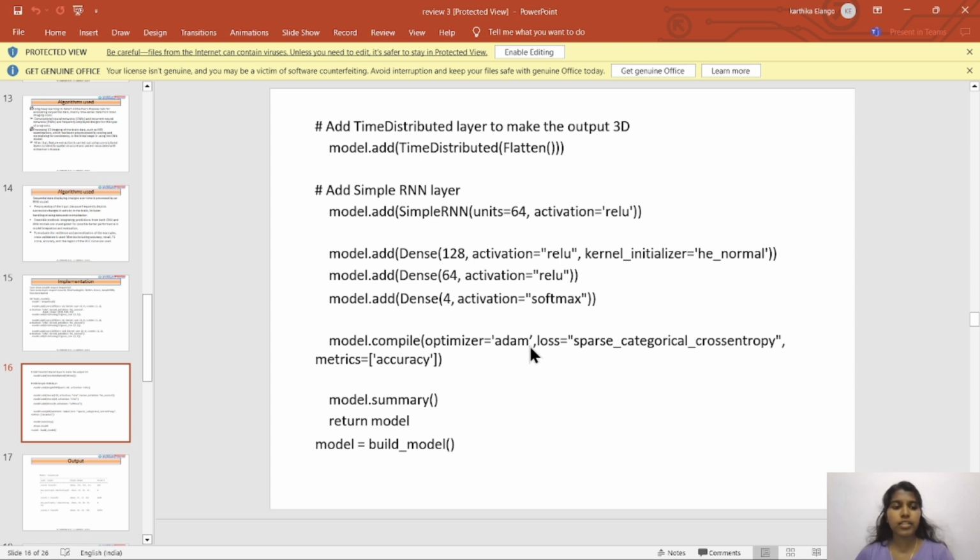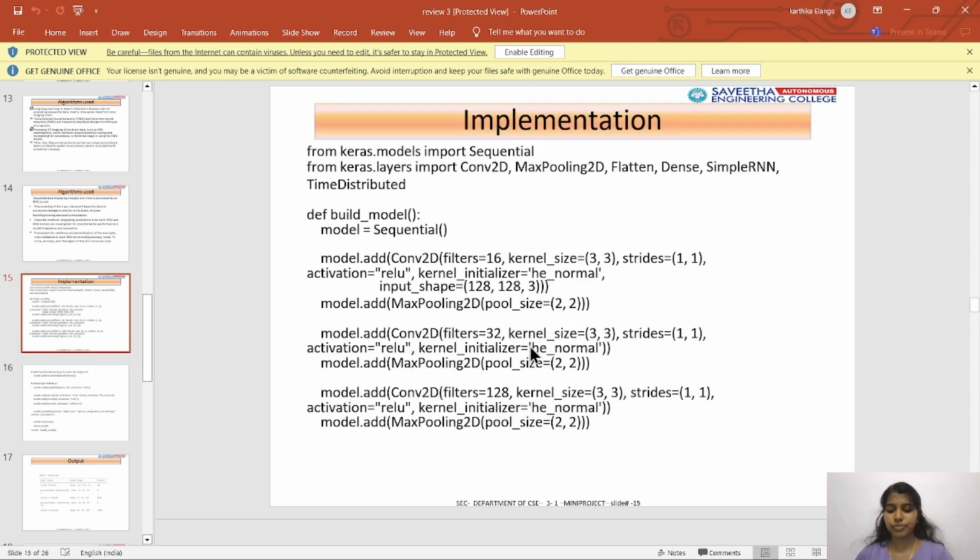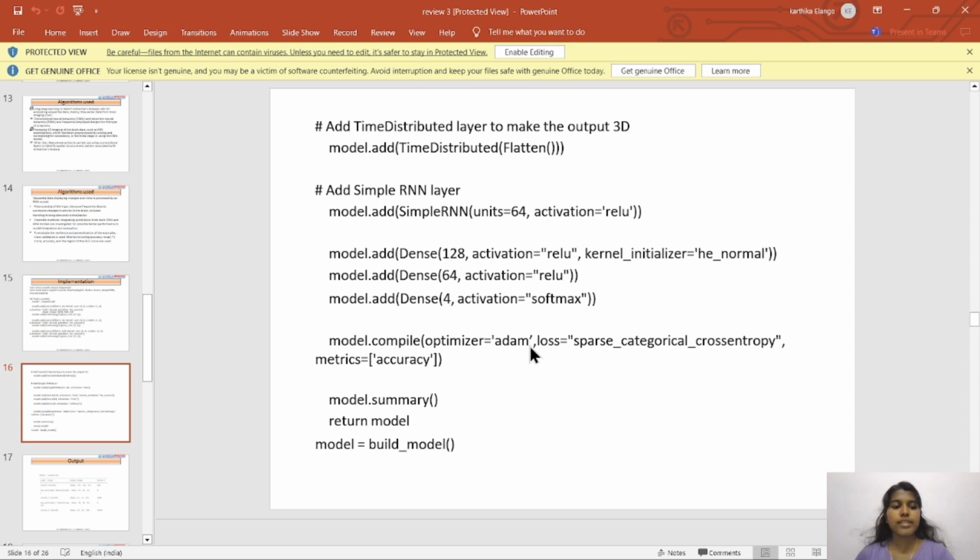And the output layer has a single unit with a sigmoid activation function. This outputs a value between 0 and 1, which is suitable for binary classification tasks where the output can be interpreted as the probability of the input image being classified as Alzheimer's, which is 1, or non-Alzheimer's, which is 0.